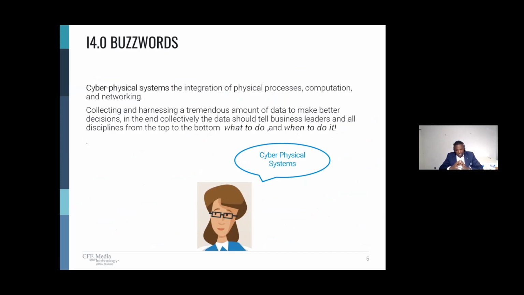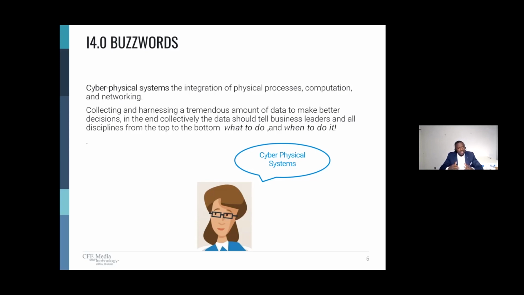Cyber physical systems. So let's clear our minds and think about cyber physical systems. We'll read the definition word for word here. What is it? The integration of physical processes, computation, and networking, collecting and harnessing a tremendous amount of data to make better decisions.